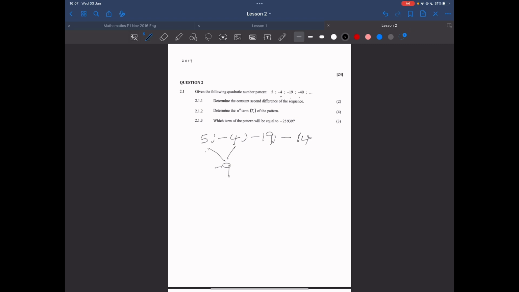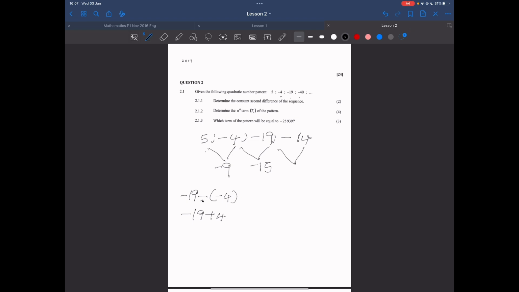So you need to understand that we are saying here -19 minus a -4. Please, we should not forget this minus here. So this is going to make it -19 plus 4, which will give us a -15.